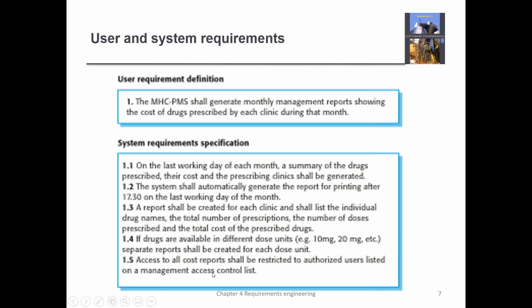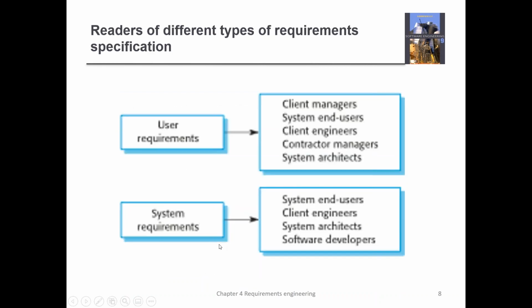They will have to say, yes, I want all of these, or no, some of these I don't need. So therefore, the system end users must be able to view the system requirements. They will view the user requirements, but they must be able to view the system requirements.